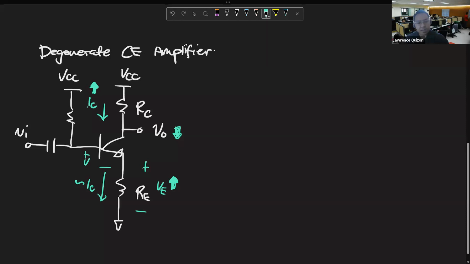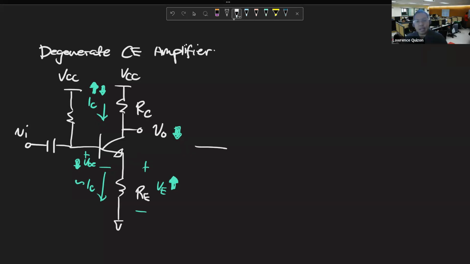So if that increases, VBE decreases, decreasing IC. So there's a negative feedback loop causing IC to remain stable when it tries to change its own value. When the transistor changes, IC remains relatively stable for a degenerate amplifier. That's why we like it.